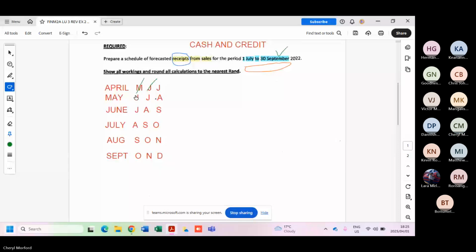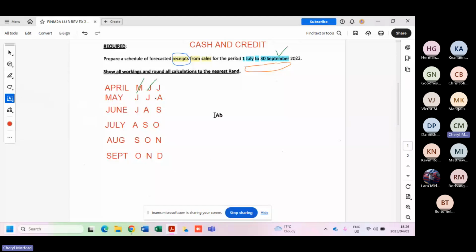Oh, this annotation is a pain in the neck. What if I try and insert some lines, maybe? No, it's not going to like that. Oh, the limitations of this compared to Blackboard. And I can't highlight in there. Once I've done one annotation, it won't let me do another one.